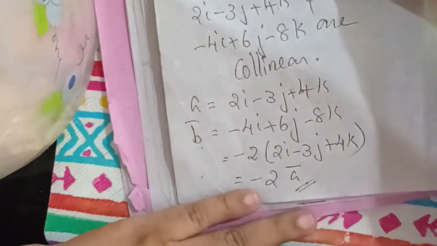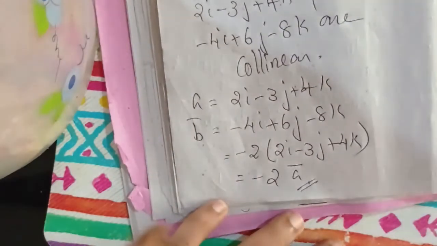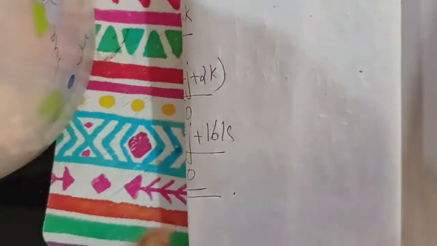Next one. Write the heading: the direction cosine of the vector.